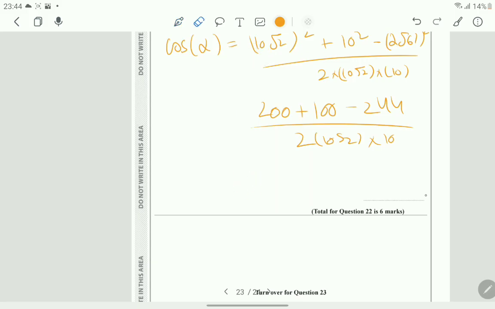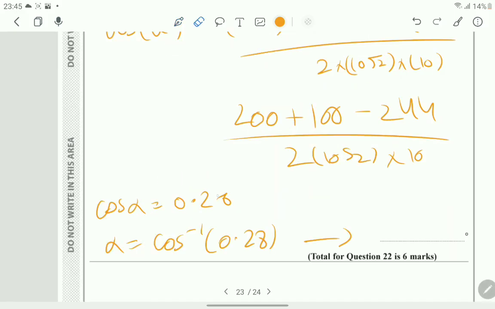And the final answer would be, not yet, we need to first find the cos inverse of alpha. So cos alpha is 200 plus 100 minus 244 over 2 into 10 under root 2 into 10, that's 0.28, and alpha equals cos inverse 0.28. Sorry, I made a mistake.